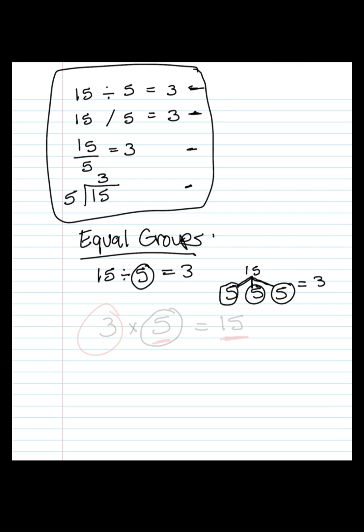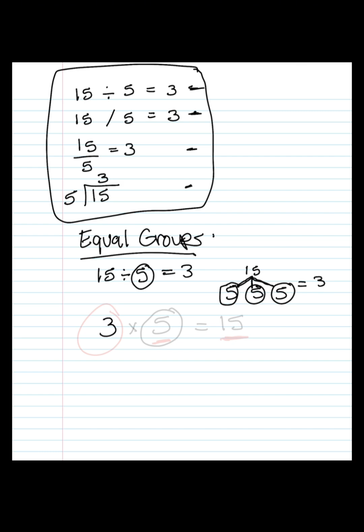Now remember, we did the same thing when we had equal groups for multiplication. Here we're just kind of solving it backwards, right? So when we did multiplication, we had 3, in this case, bags of peaches, right?